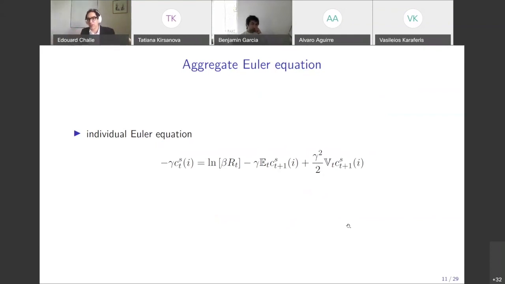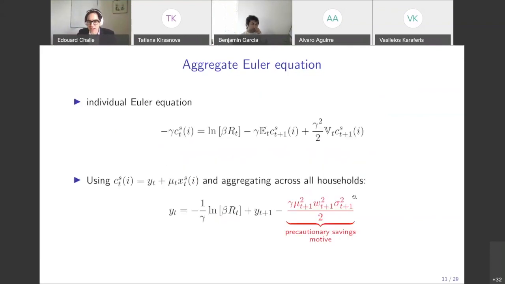You can aggregate it within a generation and across generations using the market clearing condition that I've used earlier. So the aggregate counterpart, if you use both the market clearing condition and the policy function for consumption, you get to that aggregate Euler equation, which is essentially the same thing as before, but instead of individual consumption, you have total consumption, which is output.